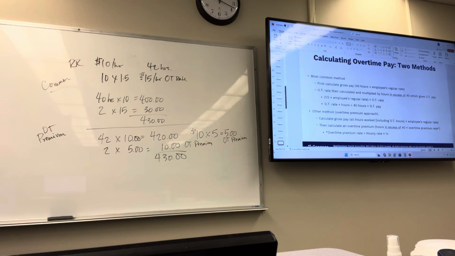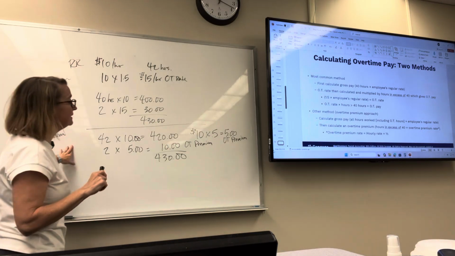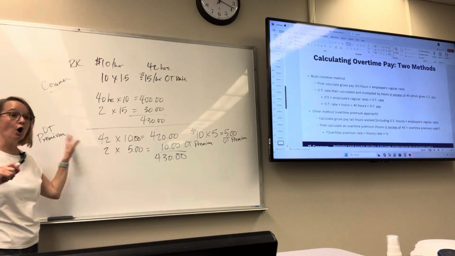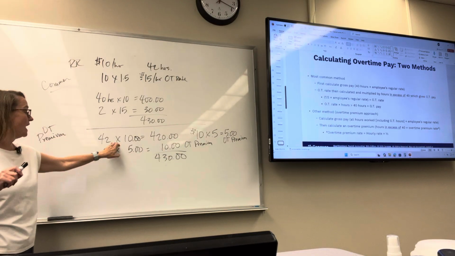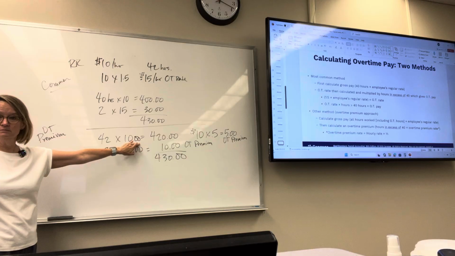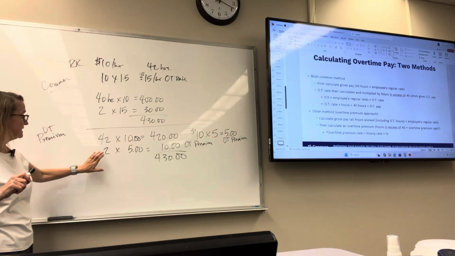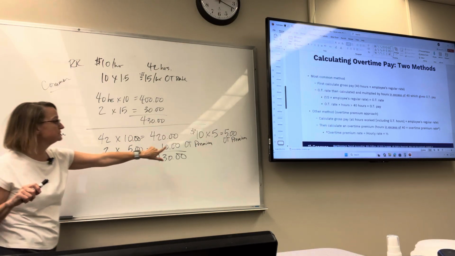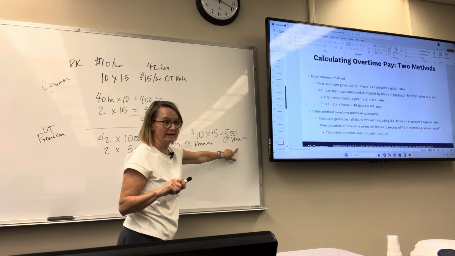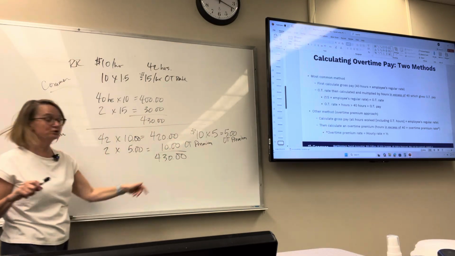But like I said, we've got to become familiar with this overtime premium approach because in lots of our problems in this chapter, we've got to use this approach in our calculations. Okay, so all you're going to do with the overtime premium is take the total hours times the regular rate, and then take the overtime hours times the overtime premium rate and add those two together.